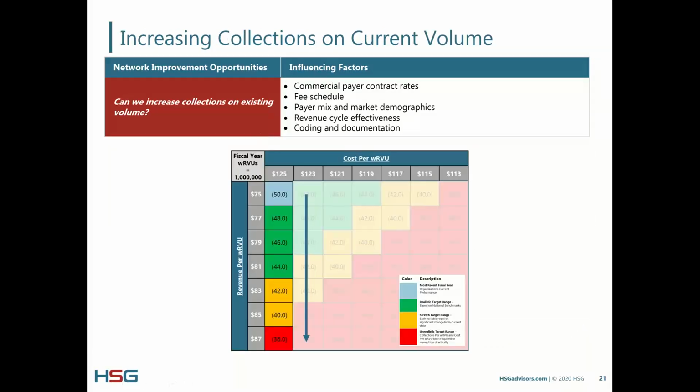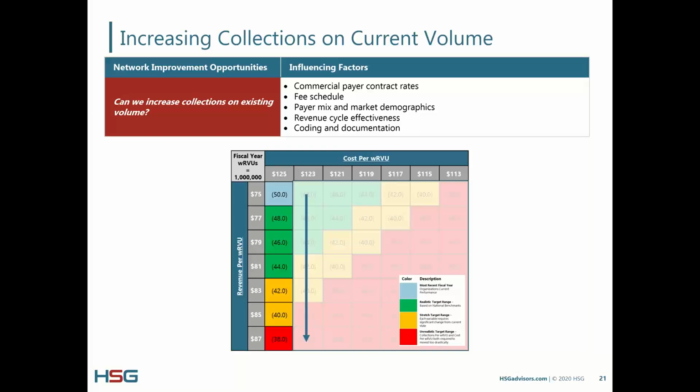So we've talked about the components of the framework. So how do we utilize the framework? Well, we recommend defining revenue and cost per something. In this case, we're going to talk about work RVUs because work RVUs is probably the most relevant to most health systems, at least in our half of the country right now.